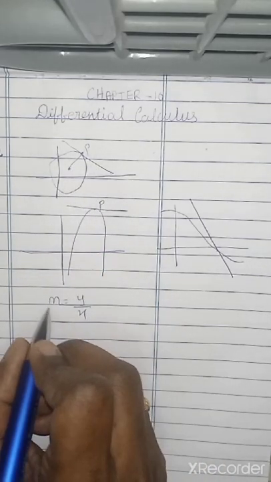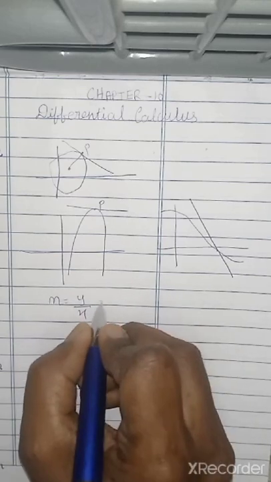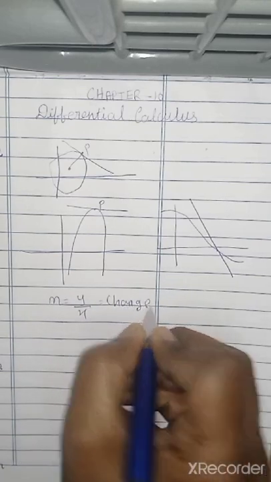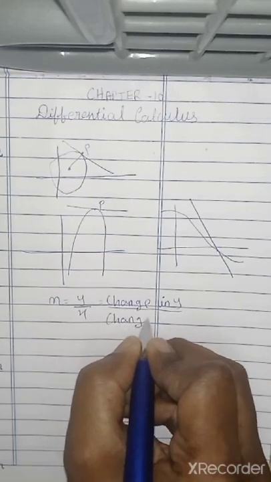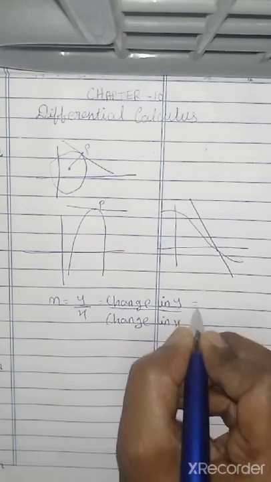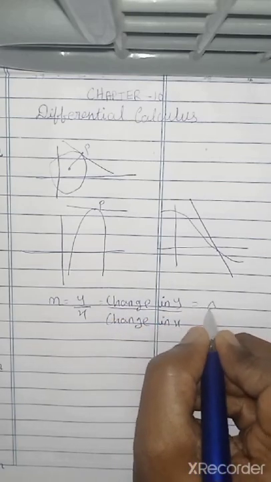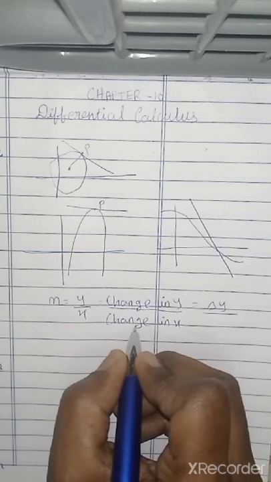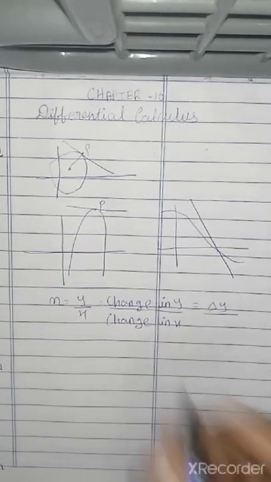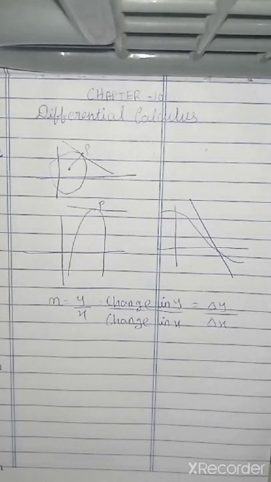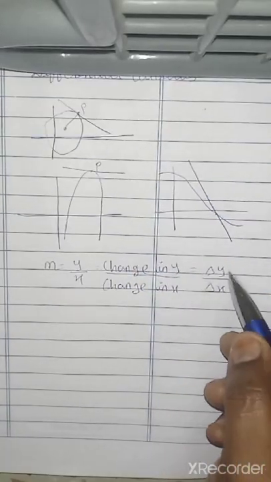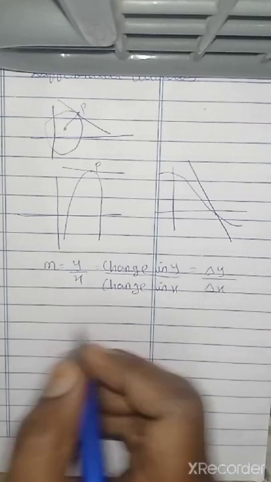So if we take the slope as y by x, we can take change in y by change in x. This change in y we can take as delta y, and this change in x we can take as delta x. So delta x and delta y are the changes after we draw a tangent line.